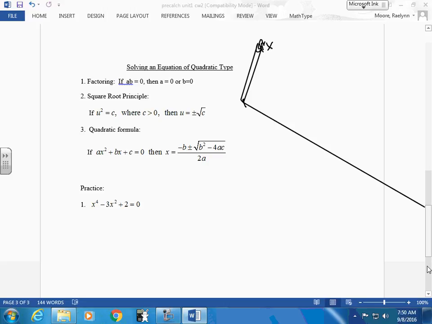If I write something wrong on the board, stop me before I do the whole problem. I tend to look up and down real quick because I'm usually talking at the same time. And sometimes I write them down wrong and I do the whole problem and then somebody will say, oh, that was supposed to be a negative. So stop me. Don't be afraid to stop me. If I write the wrong number while I'm talking, stop me.